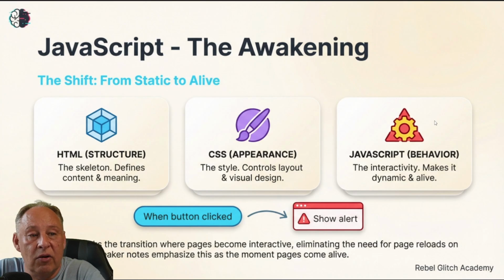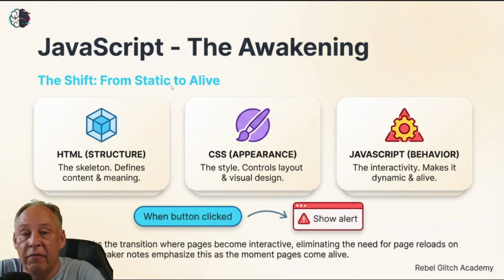So JavaScript started bringing in all kinds of interactivity. You can, for instance, have tool tips. If you click on maybe a description of something, it can describe it even more for you. So this is the whole thing: it's from things being static to being more alive, looking more real.